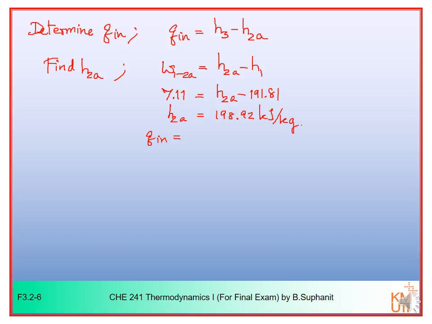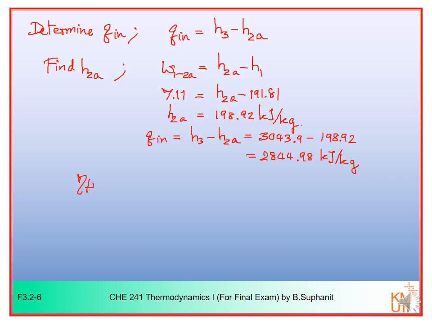Q in equals H3 minus H2A, and that would be 3043.9 minus 198.92, which is 2844.98 kilojoules per kilogram. You can now calculate the thermal efficiency of this cycle.